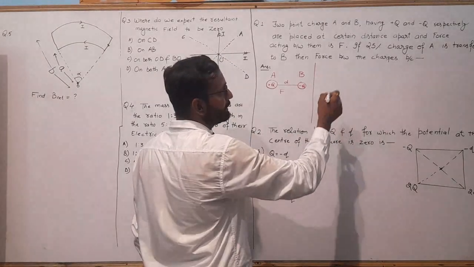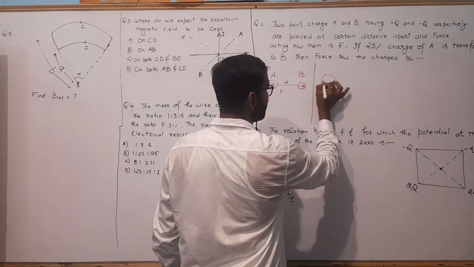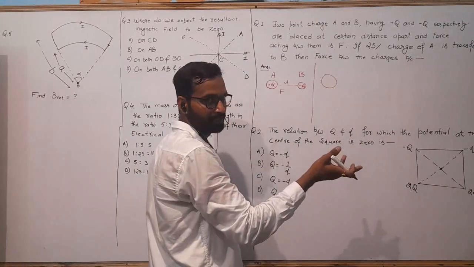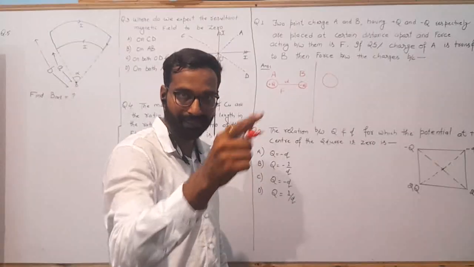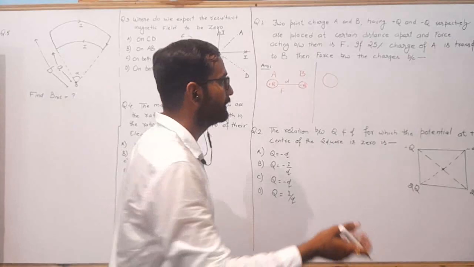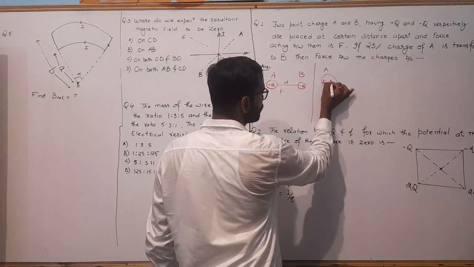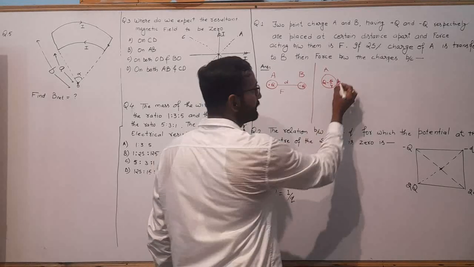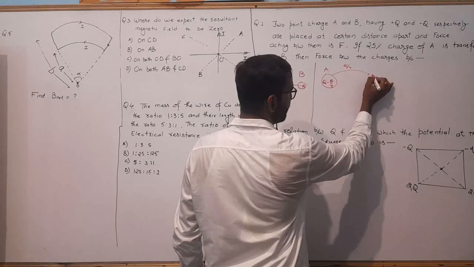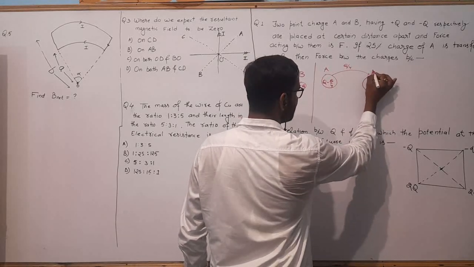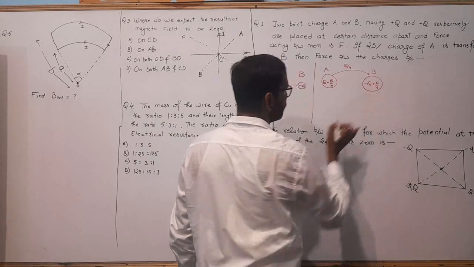charge of A is transferred to B, that means from A we take 25% charge, that is 25 upon 100, which is 1 by 4 of the charge. Now A has new charge Q minus Q by 4, and this charge Q by 4 goes to B, so B's charge is equal to minus Q plus Q by 4.